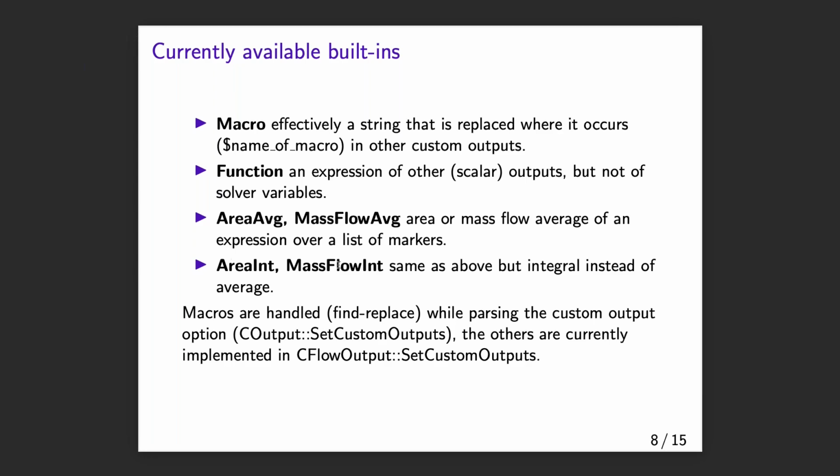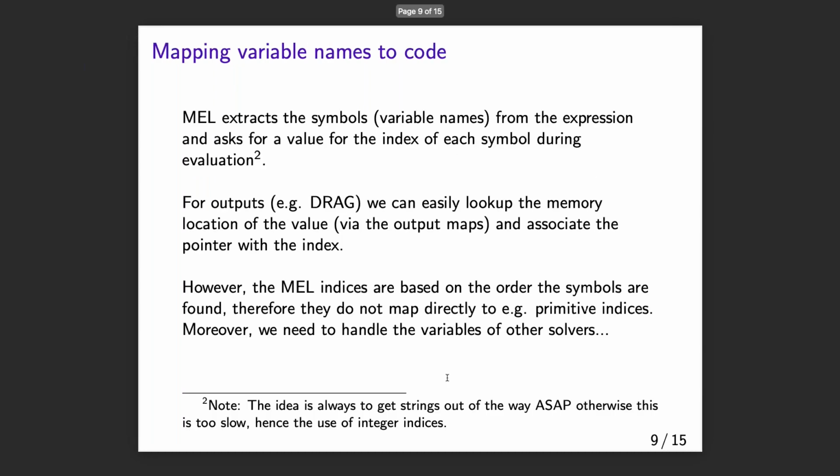And then we have area integral and mass flow integral, which is basically same as above, but an integral instead of average. The macros are handled by find and replace while parsing the custom outputs immediately, and the others are currently implemented in CFlow output set custom outputs. So only the flow solvers have this functionality so far.